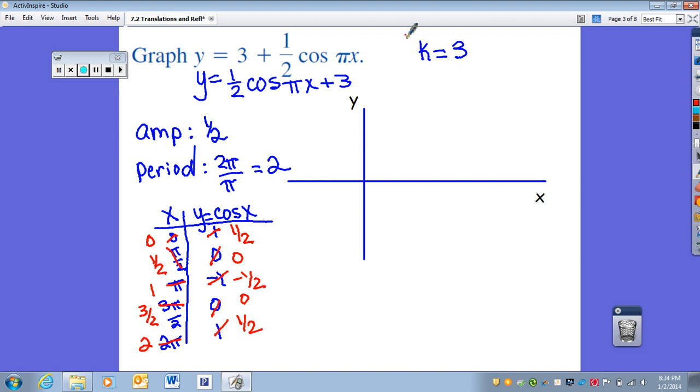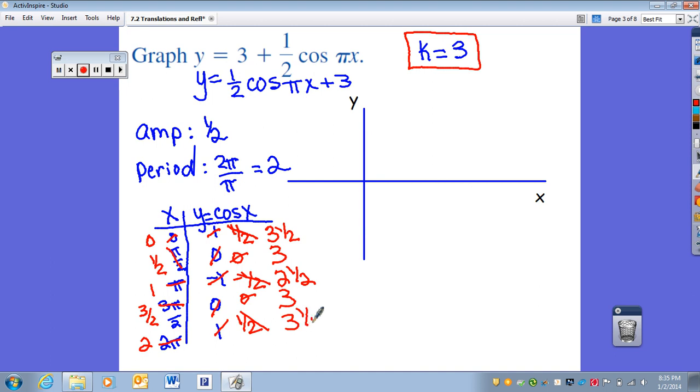So the only thing we need to worry about right now is the k is equal to 3, which makes that a vertical shift of positive 3. So what we're going to do is simply move our entire graph up 3 units. So instead of starting at 1/2, we're going to be at 3.5. And then we add on 3 units to each of these, shifting everything up 3 units.